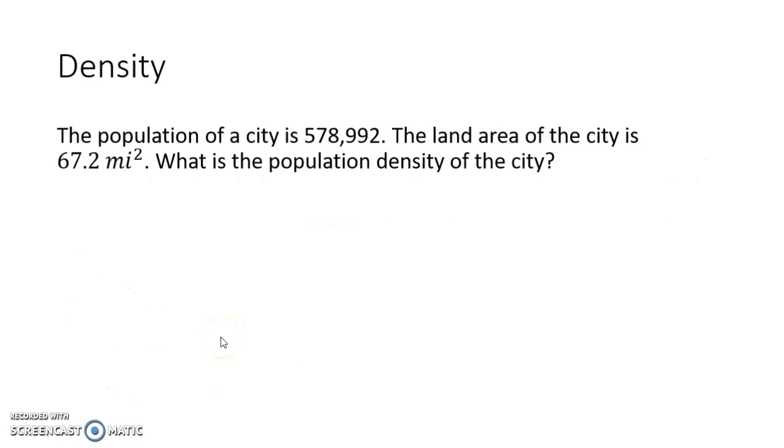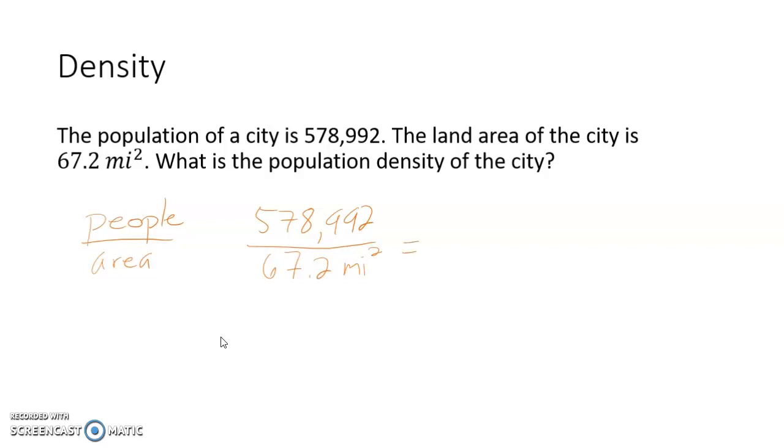We have population density. Remember that for population density, it'll be people divided by the area. So for this one, it'll be 578,992 people divided by 67.2 miles squared.